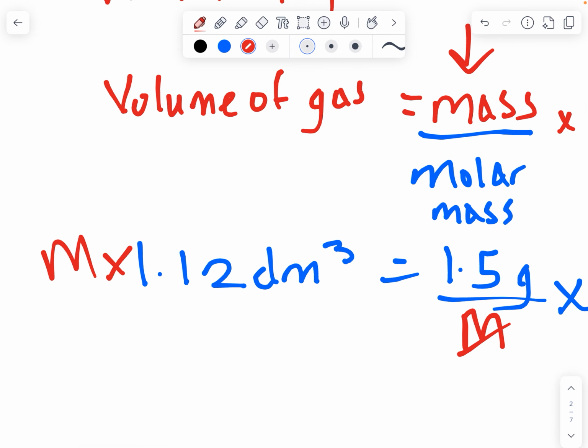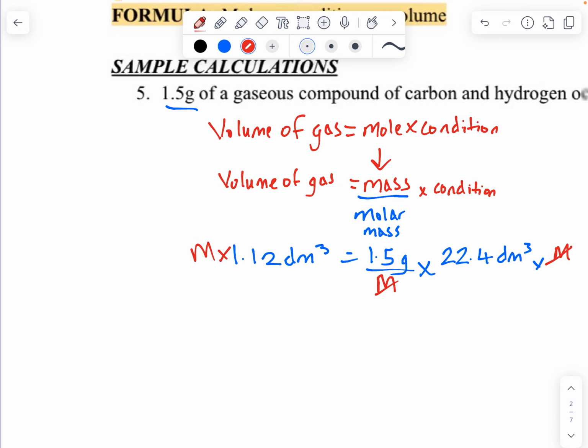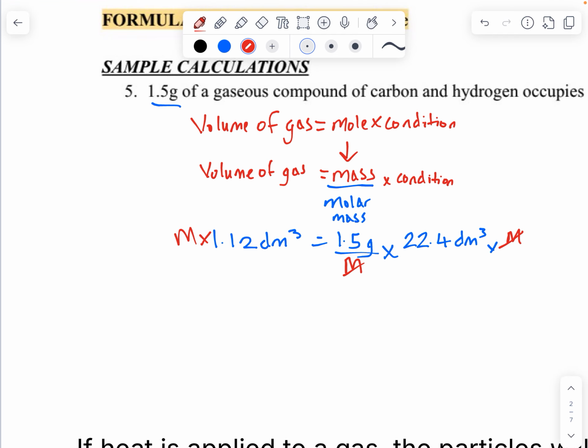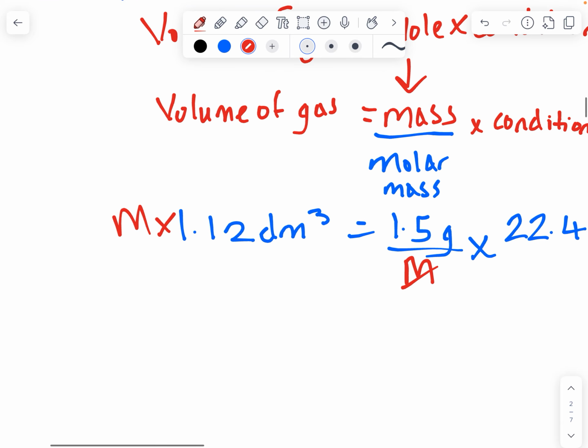So it's going to be M times 1.12 dm cubed. All right, now we do need to make M the subject, so we need to get rid of this 1.12 dm cubed, right? And since it's being multiplied on our left hand side, to get rid of it, we need to divide by 1.12 dm cubed.